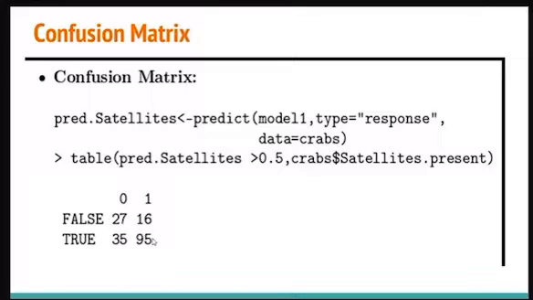Now take a look at this. False negative divided by true positive plus false negative. All of this is the total number of positives, the denominator. False negative and true positive is the total number of positives. The FN is false negative.